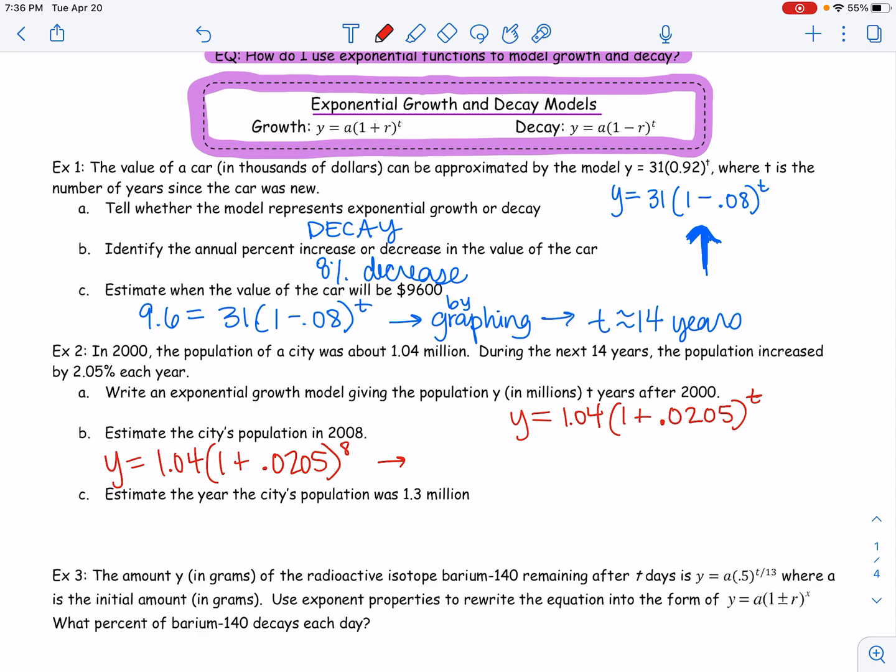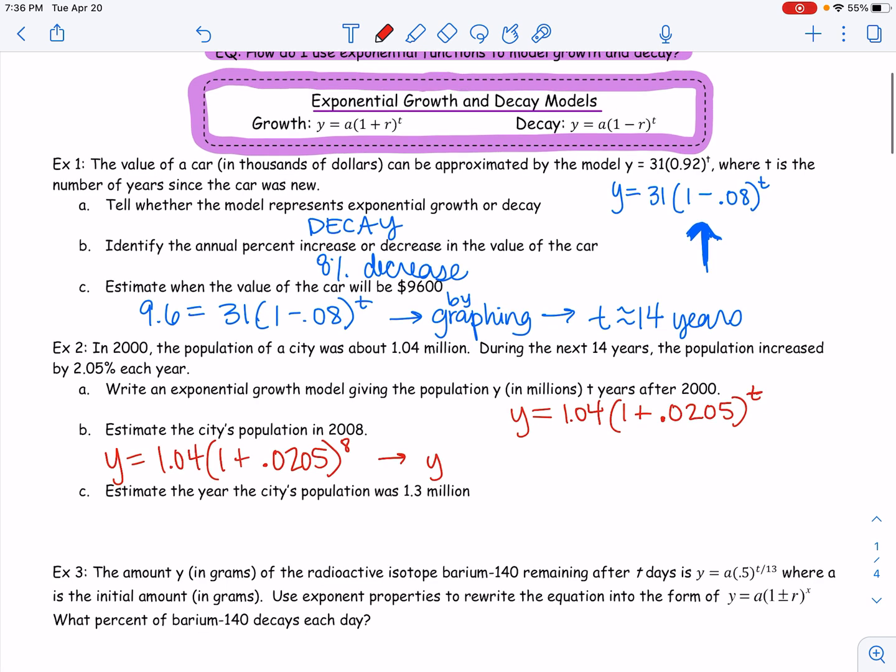I can plug this straight into my calculator, and I'm going to get approximately 1.22 million people in this town or city, whatever it is, which makes sense because if I'm starting with 1.04 million and I'm increasing each year, 1.22 million is an increase.